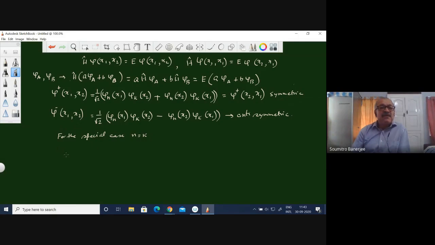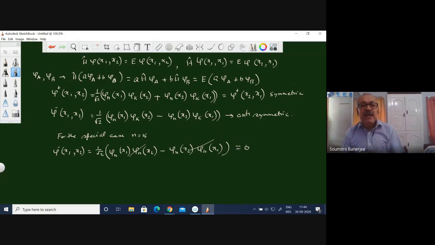For the spatial case, psi minus x1, x2 becomes 1 by root 2 psi n x1 psi n x2, because k is equal to n, minus psi n x2 psi n x1, which cancel out, equal to 0.